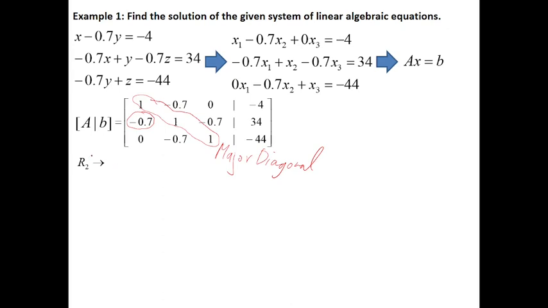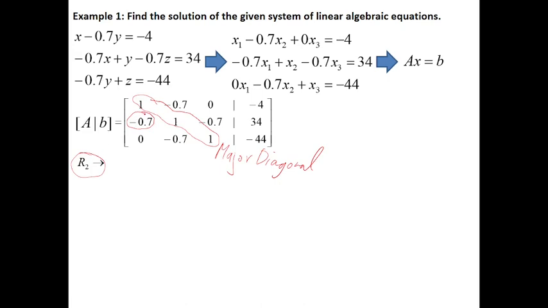So in this case, the location of negative 0.7 is at row 2. And since the location is at row 2, to change this to 0, the process will be like this.